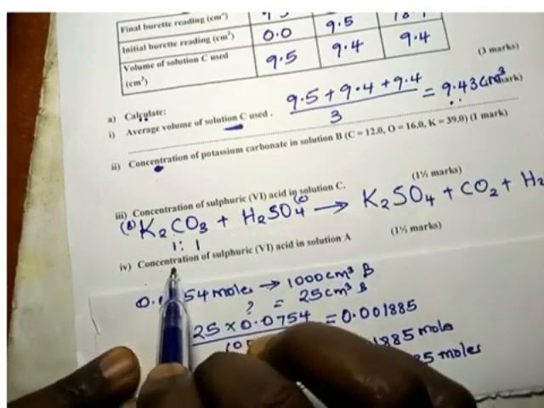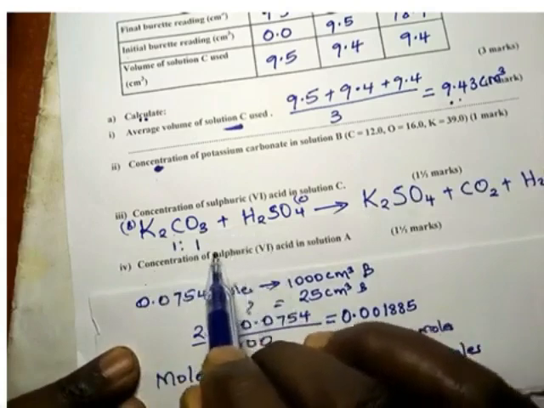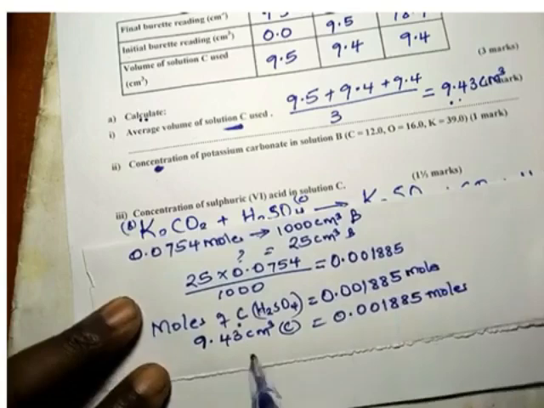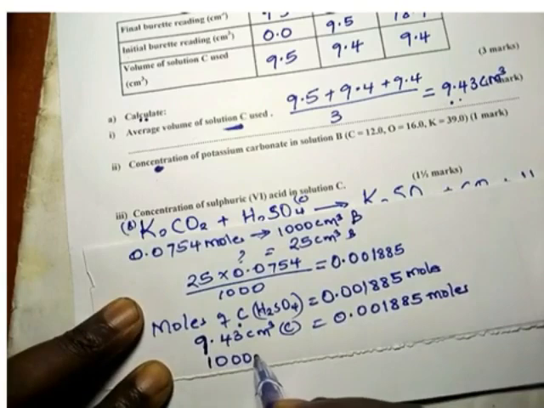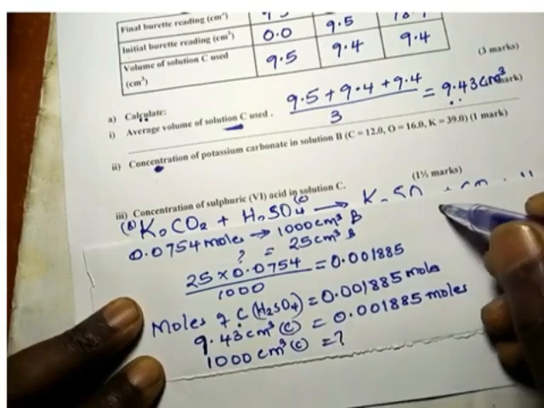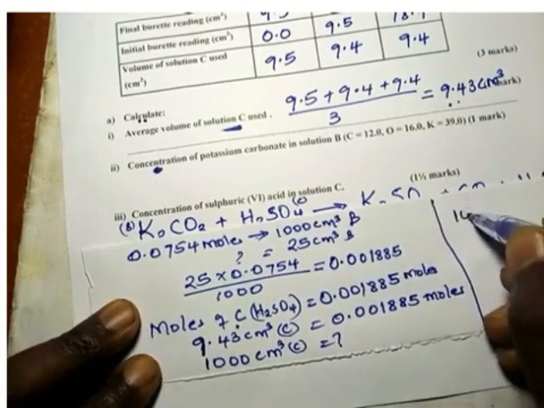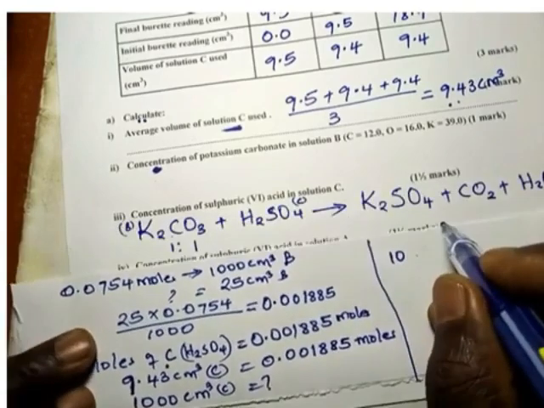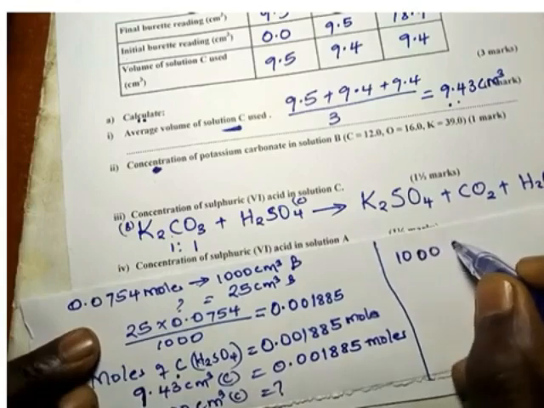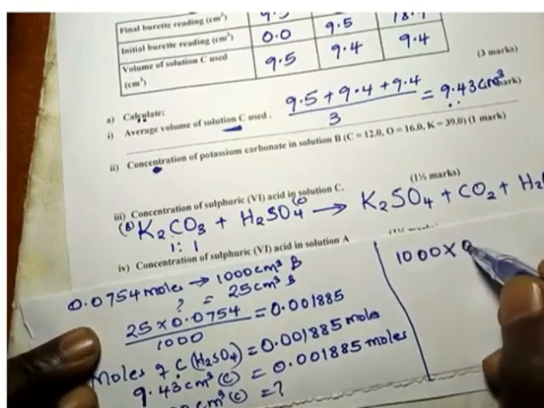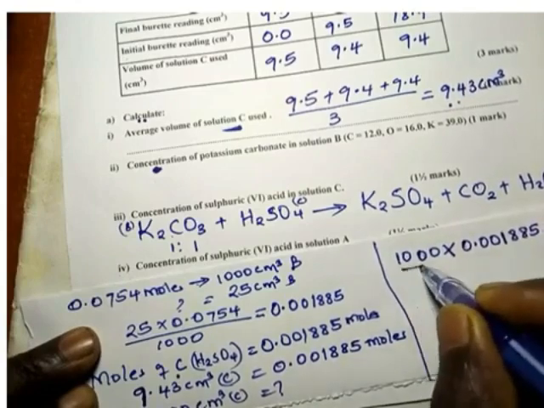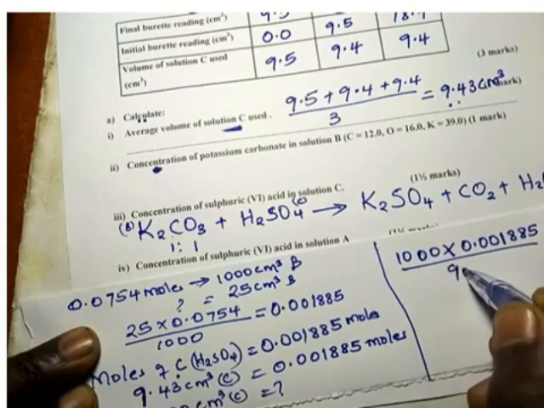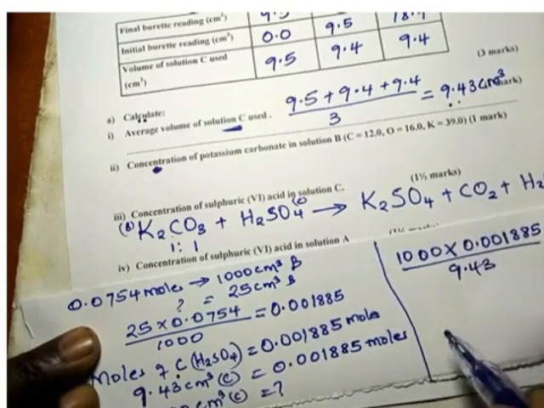The question asks for concentration in moles per liter. In other words, they are asking for molarity. So what do you do? You ask, molarity is the number of moles in 1,000, which is a liter, centimeters cube. Solution C will contain how many moles? That one will be 1,000 times 0.001885 divided by 9.43, right?